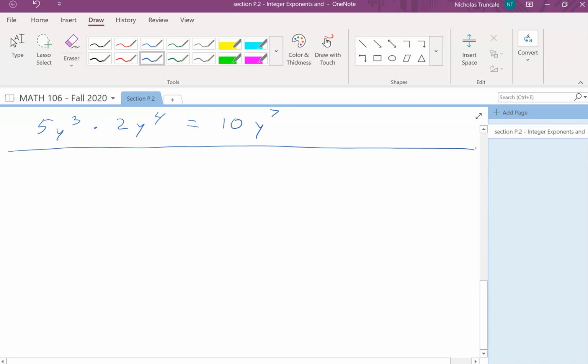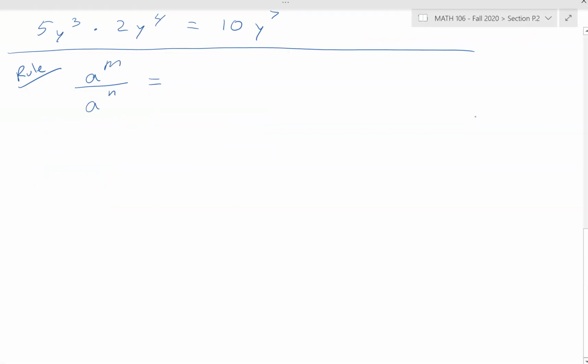Okay, here's the next rule. We did multiplication. The next thing would be division. So what if we had a to the m over a to the n, and I want to write that as a single base a?